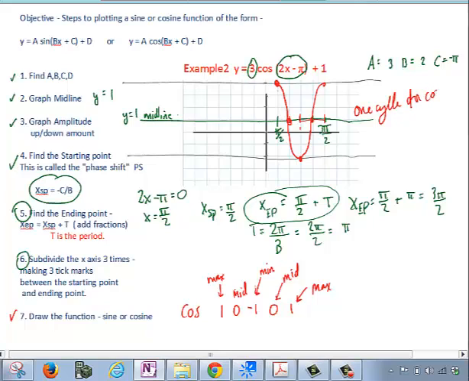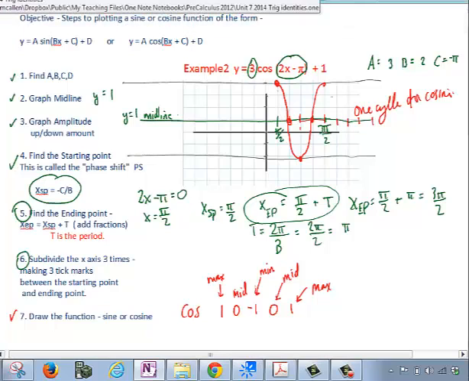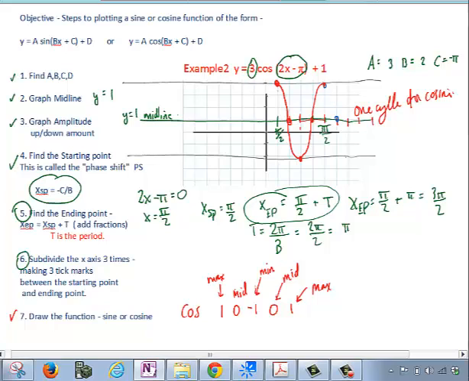for the cosine curve. What happens if I wanted more cycles? You just continue to add tick marks, the same spacing, and follow the same pattern: highest, middle, lowest, middle, highest, and then you could draw your next function in if we asked you to do that.